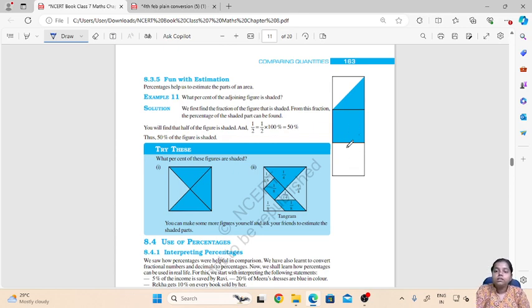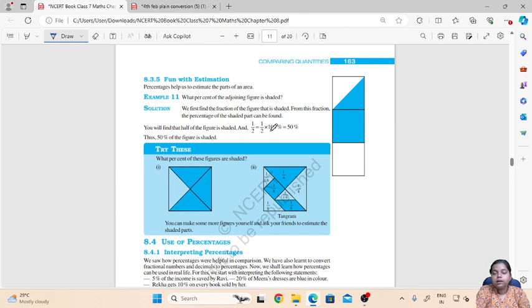So how many parts are there in this particular figure? There are 3 parts, correct? And how many are shaded? Half of the figure is shaded, correct? So what do we write in the fraction form? 1 by 2 we have to write.